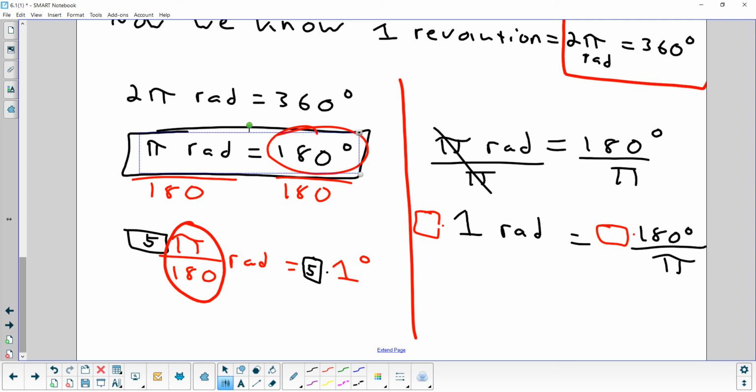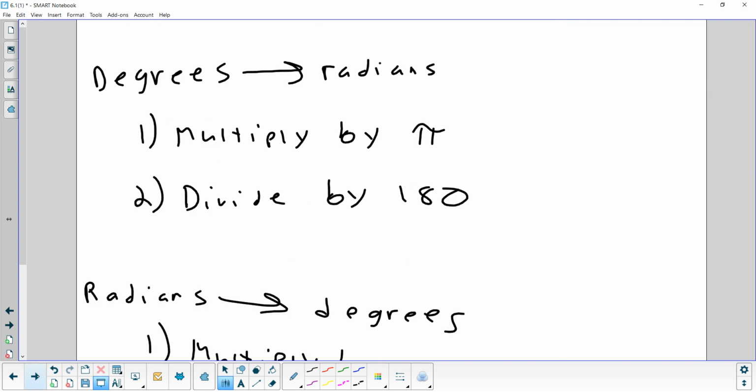Degrees, think 180. When I say radians, I want you to think pi. So that's the number I want you to connect with radians. Pi goes with radians. 180 goes with degrees. If you can remember those two things, this will all be automatic.